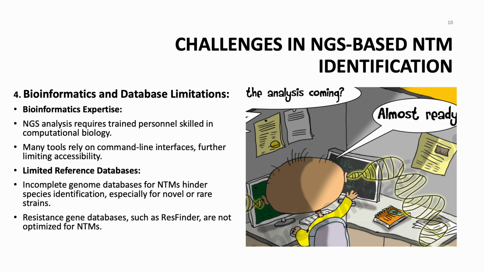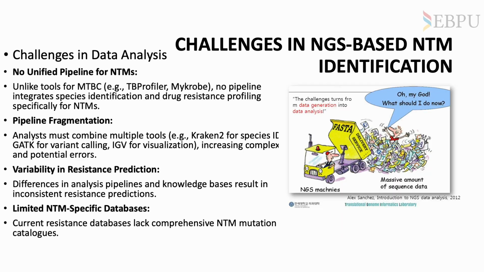Incomplete genome databases for NTMs hinder species identification, especially for novel or rare strains. And finally, resistance gene databases such as ResFinder are not optimized for NTMs, and we don't have any catalog of resistance mutations as we have for Mycobacterium tuberculosis.